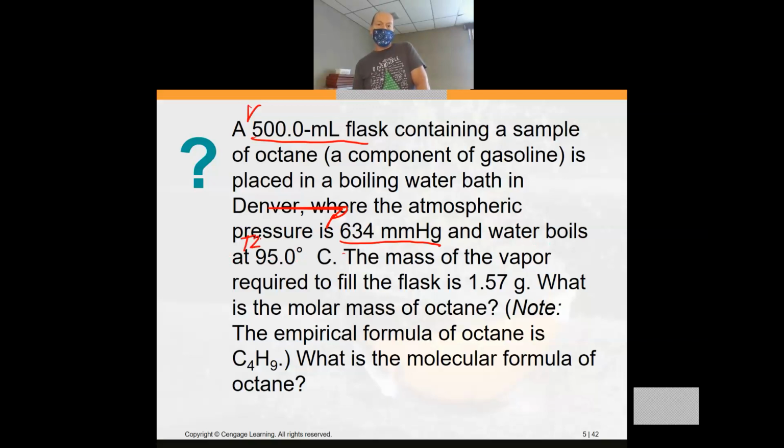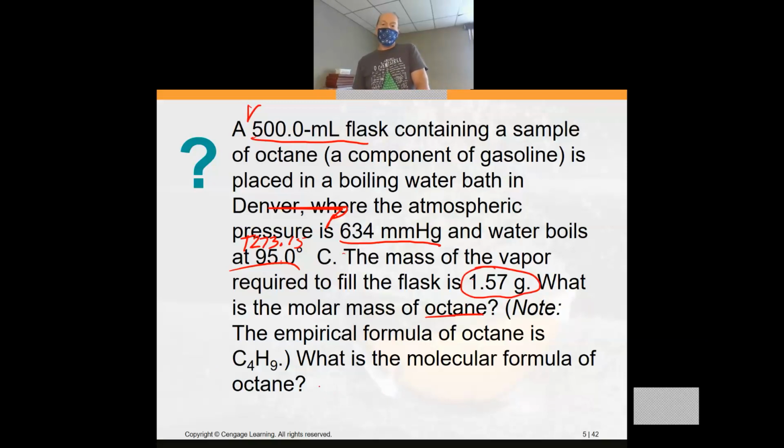Here's a temperature that you add 273.15 to. The mass of the vapor required to fill the flask is 1.57 grams. What is the molar mass of octane? And then what is the molecular formula?